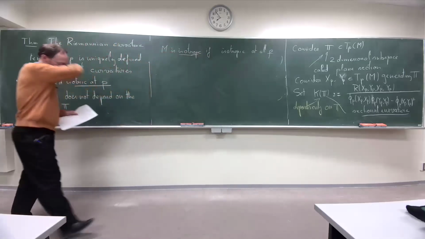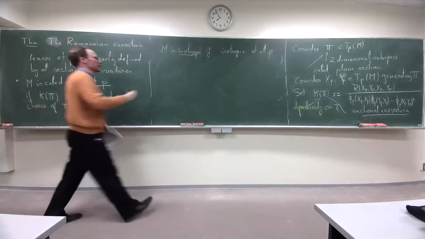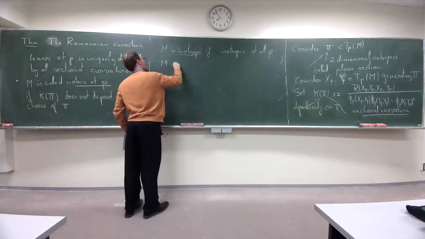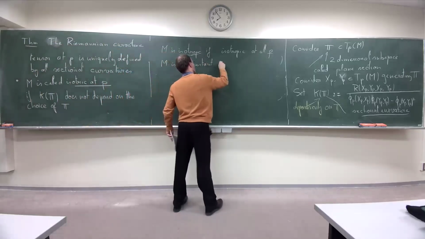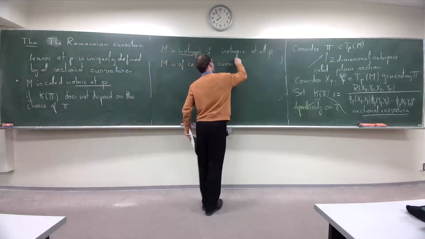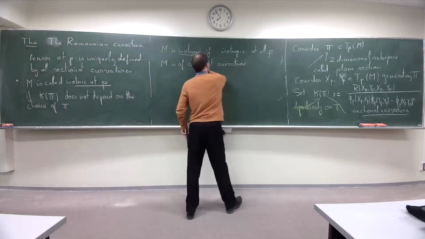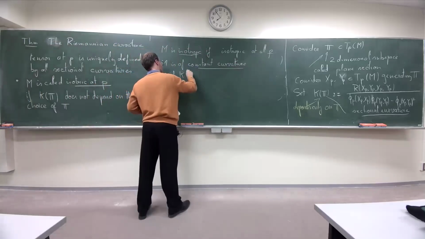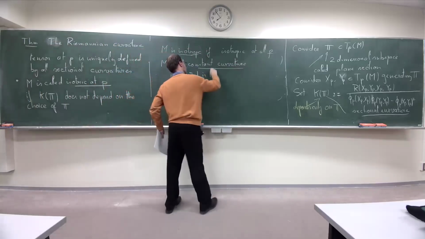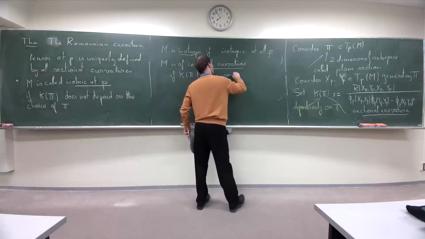If it is isotropic at all points, and then M is of constant curvature, if K of pi is the same everywhere.